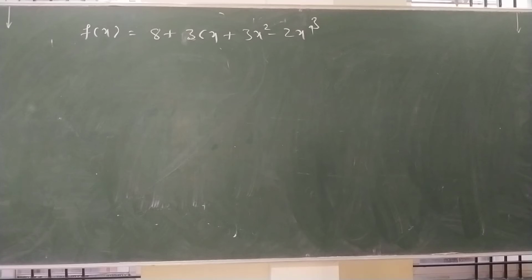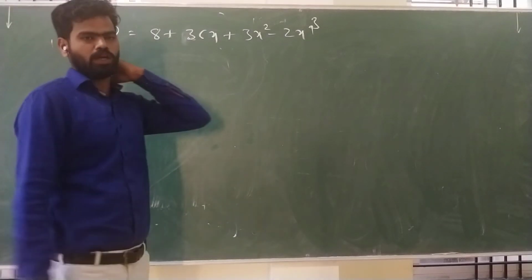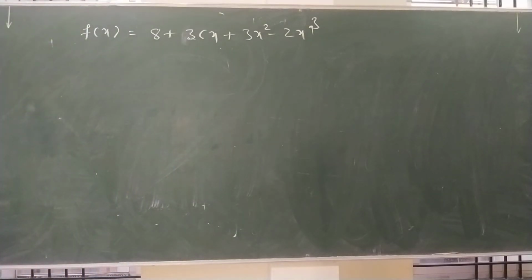Find the intervals in which the function is strictly increasing or strictly decreasing. A function f of x equal to 8 plus 36x plus 3x square minus 2x cube.